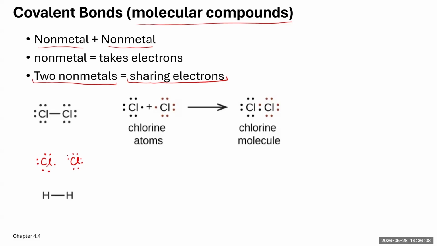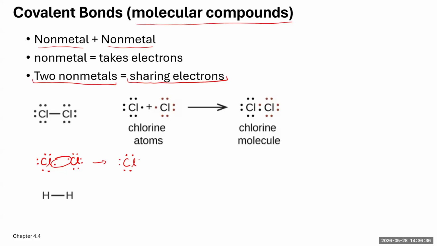Again, if there's one chlorine, there's a billion other chlorines, trillions and billions and moles of them. This chlorine on the left and this chlorine on the right are going to share this pair of unpaired electrons.